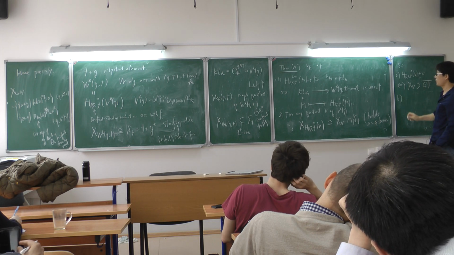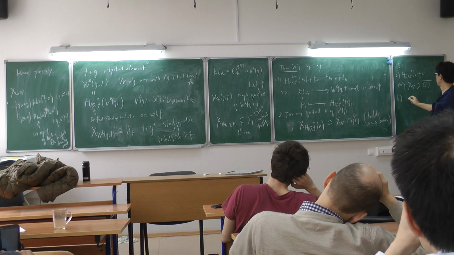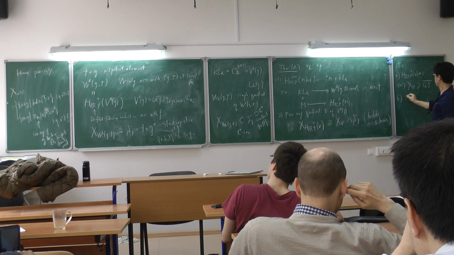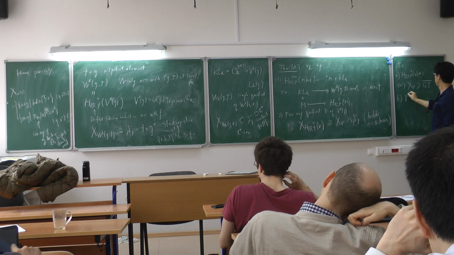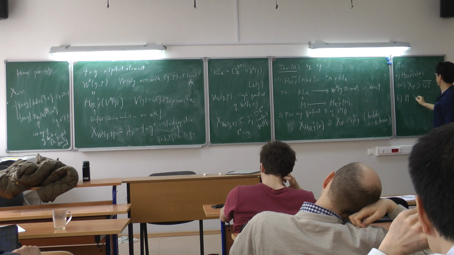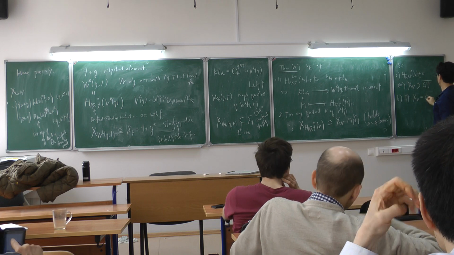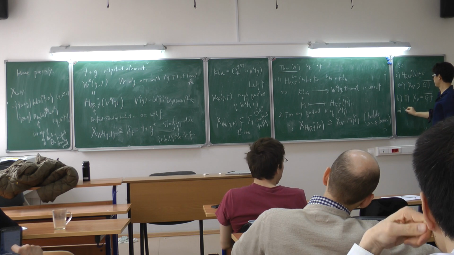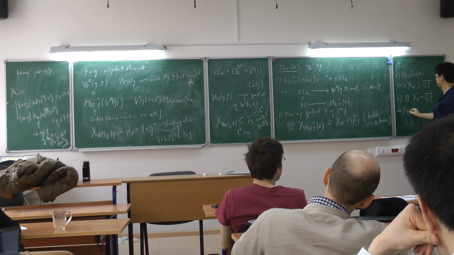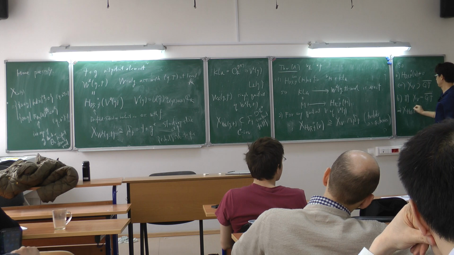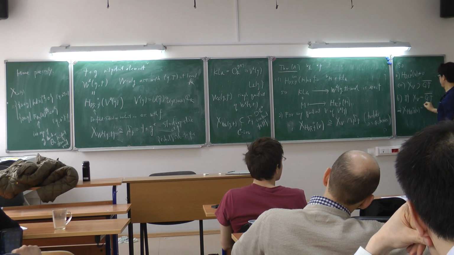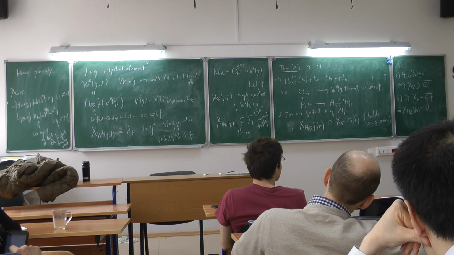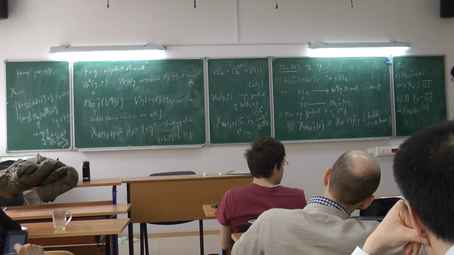And so if the associated variety is exactly the closure of this orbit, then the associated variety is the point f by the transversality of the Slodowy slice.